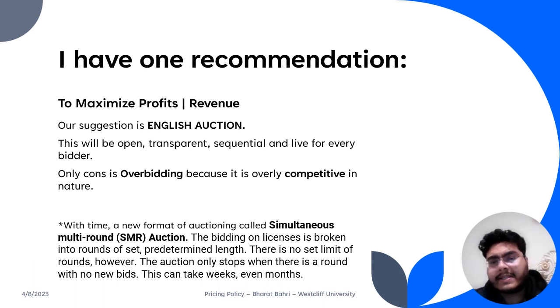The only con in this is overbidding, which is likely because of the competitive nature of this kind of auction, and out of excitement, the bidders may bid more than they should. So out of the four types of auctions, this is the best possible bet for generating the most revenue.